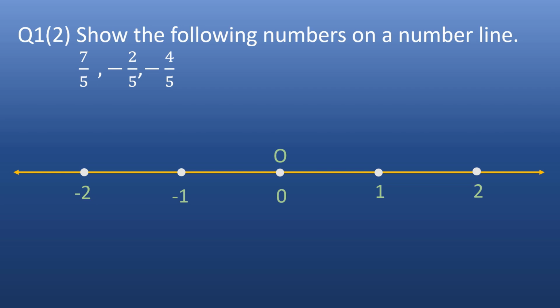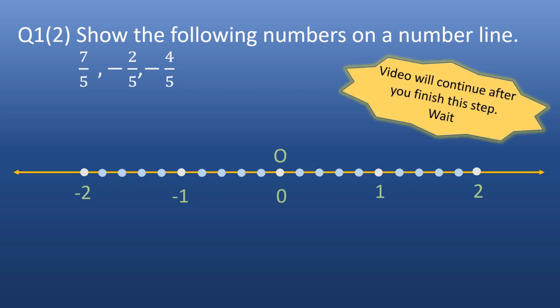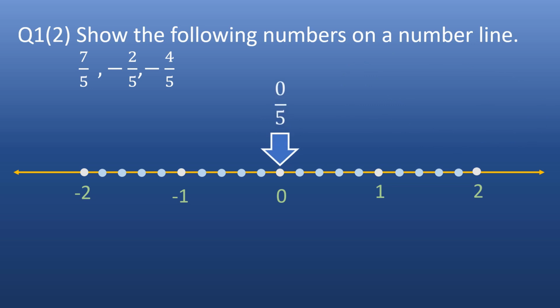As the denominator of rational number 7 by 5 is 5, divide each unit in 5 equal parts. Each part is 1 by 5. Here, origin is associated with the rational number 0 by 5.